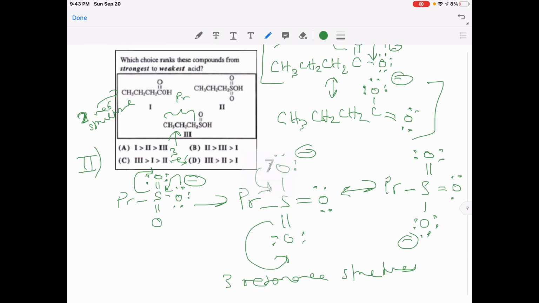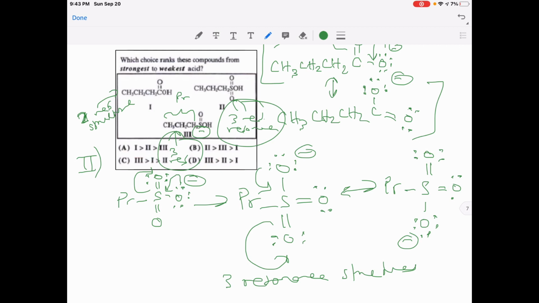So when we see that there are 3 possible resonance structures, this gives us a little bit of a conflict, right? How are we going to compare the two? But if you remember from the previous example, there was a negative charge on the sulfur at one point.